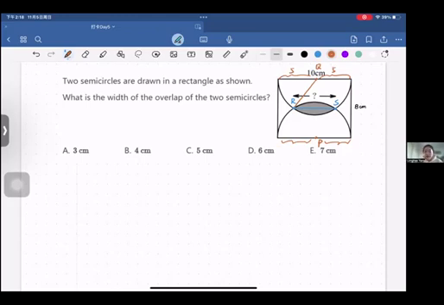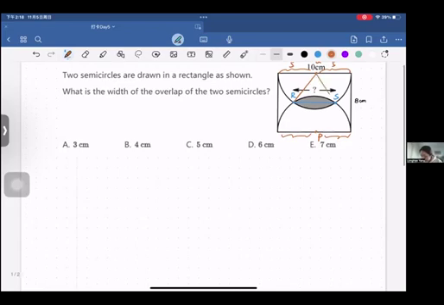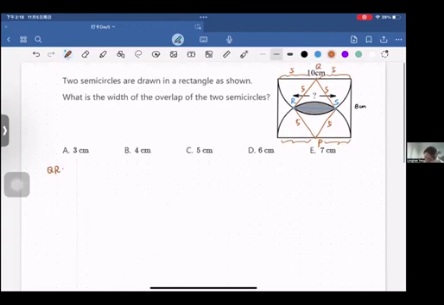It's the same for the other lines: QS is also a radius and equals 5, and same for the bottom ones, PR and PS. So these 4 lines are all the same and equal to 5 centimeters. Let's write it down: the line QR equals QS equals PR equals PS equals 5 centimeters.